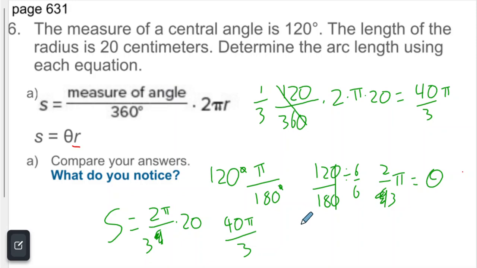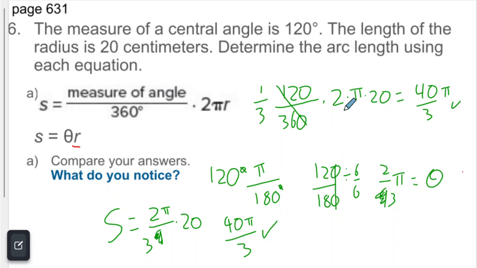And look, that's the same answer that I got with my first arc length equation, leaving the answer in pi. This equation is just wrapping up the conversion of the degree into the radian.